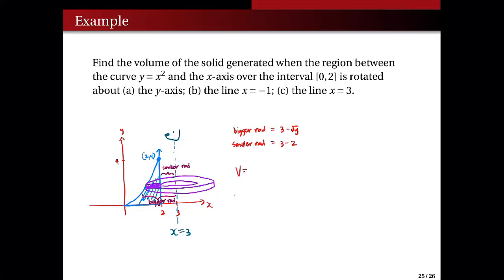And therefore, the volume will be pi times the integral from 0 to 4 of bigger radius squared, that's 3 minus square root of y squared, minus smaller radius squared, 3 minus 2 squared. And then you have the dy.